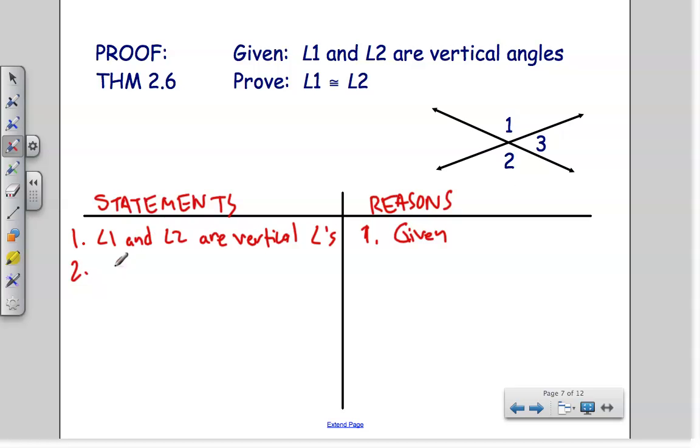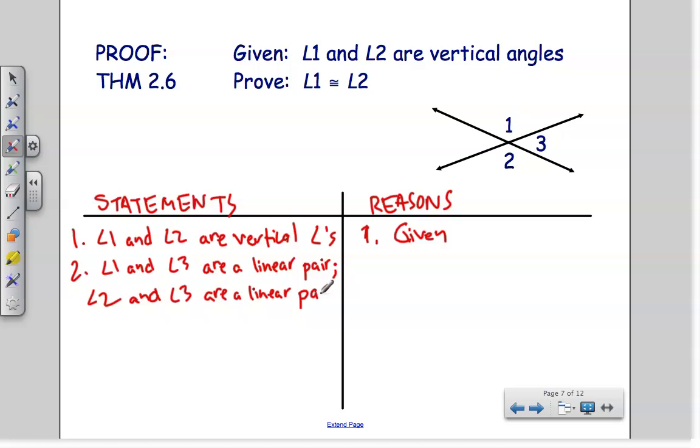So that's what I'm going to write here, that angle 1 and angle 3 are a linear pair. And I'm going to put a little semicolon because also I know that angle 2 and 3 are a linear pair. And the question is, how do I know that?